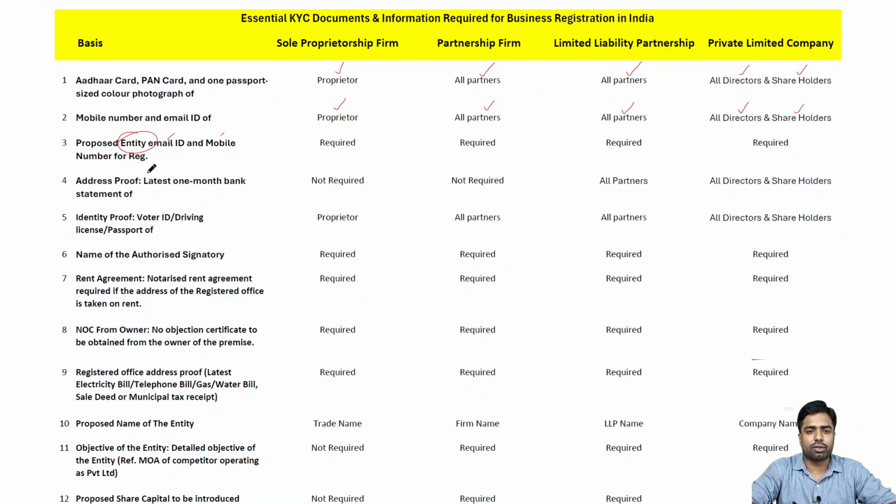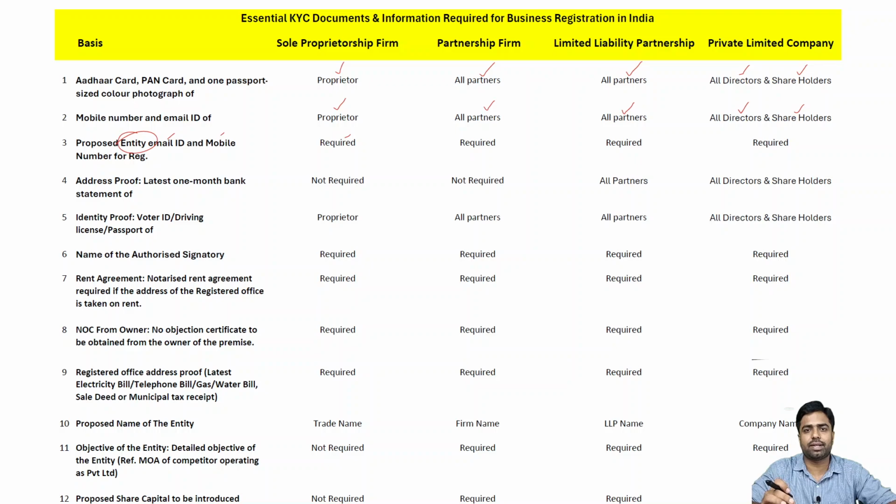If you are going for a sole proprietorship, it is required, and in all cases, whether partnership, LLP or private limited, the proposed entity email ID and mobile number will be required. Any stakeholder, like a partner or a director, can give the mobile number, or the proprietor himself can give his mobile number. For the email ID, what we generally suggest is to create a new email ID in the name of the business, so that all communication is taken care of there.